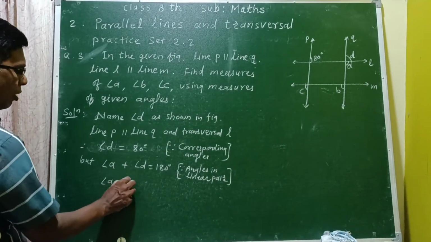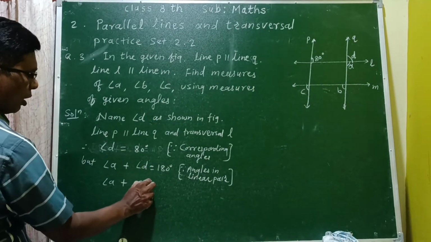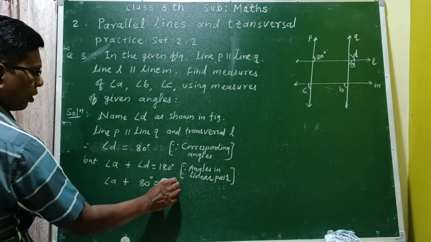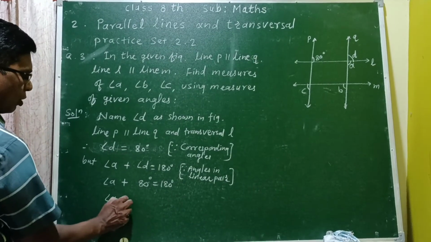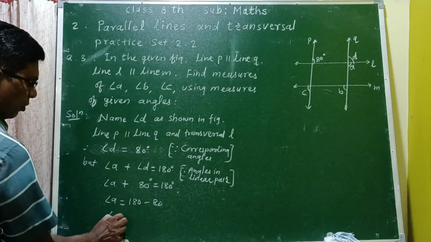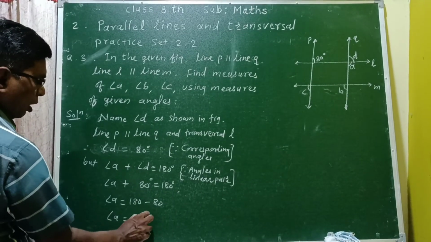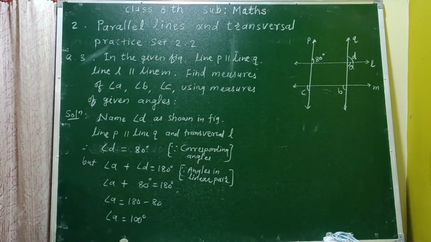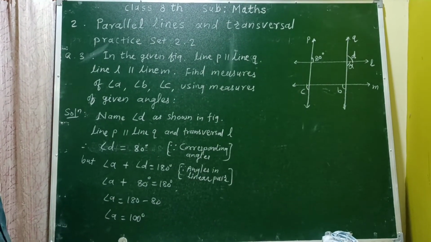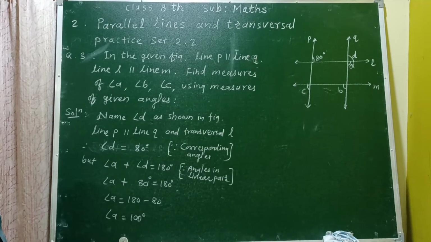Now, angle A plus 80 degrees is equal to 180 degrees. Angle A is equal to 180 minus 80. Angle A is equal to 100 degrees.